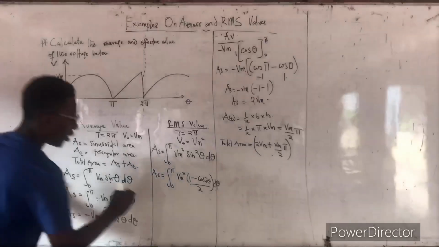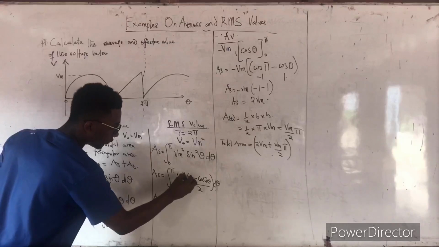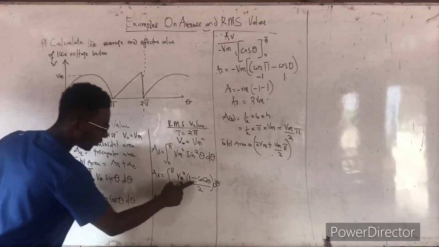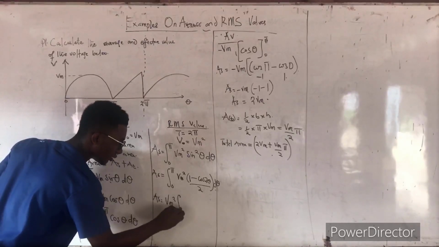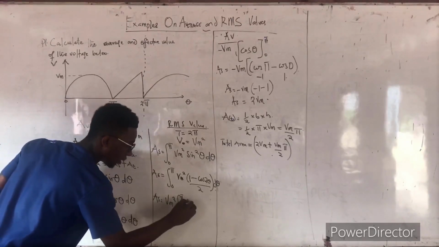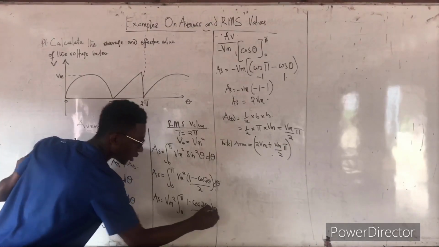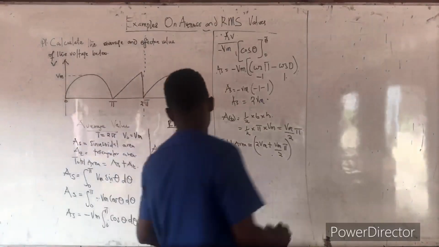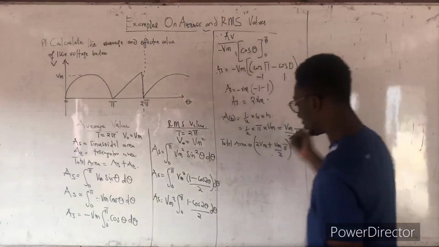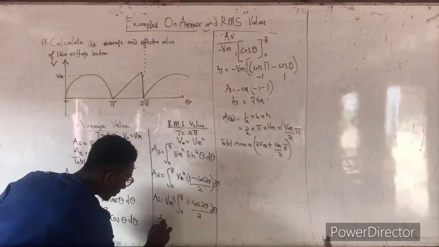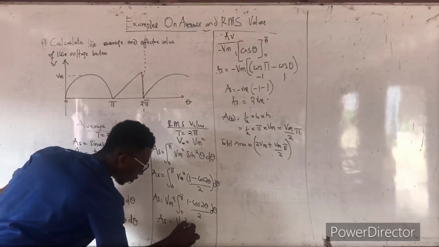Okay, so now if you simplify this, this is a constant, you can bring it outside, the integral of 1 minus cos 2 theta all on 2 d theta. So when you integrate this particular function, in short, you get Vm squared over 2 pi.